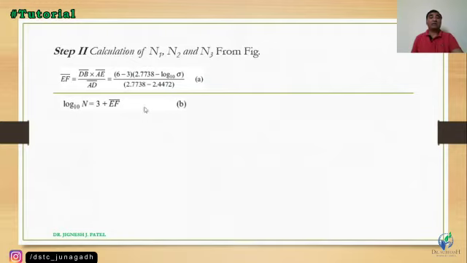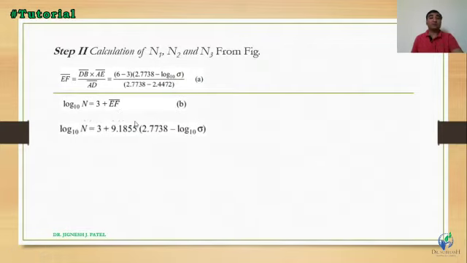Simplifying this equation, you get log n is equal to 3 plus 9.1855 into bracket 2.7738 minus log sigma. Using this equation we find the value of n1 by putting the value of sigma 1, n2 by putting sigma 2, and n3 by putting sigma 3.